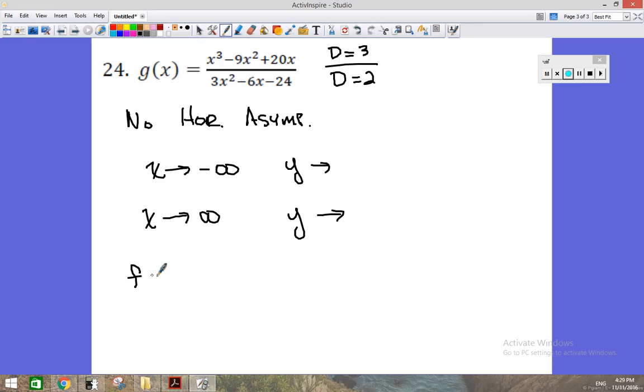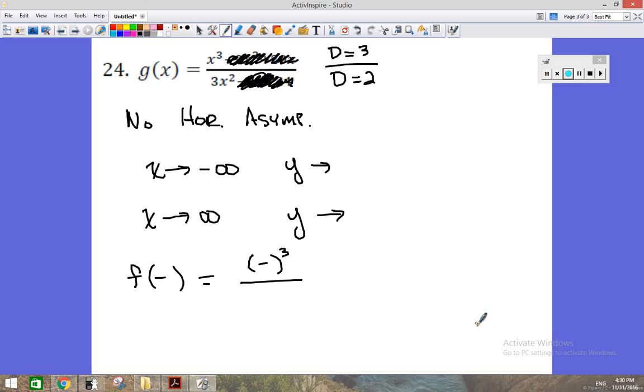Let's plug in extreme values. When x is very far to the left, when it's negative, the x cubed term dominates. These lower degree terms do not make a dent in affecting this number. If I plug in numbers that are very negative, far away from the origin to the left, I'm going to have a negative number as the base raised to an odd power. So that numerator is going to be a negative number. In the denominator, again, these lower terms really don't come into play.